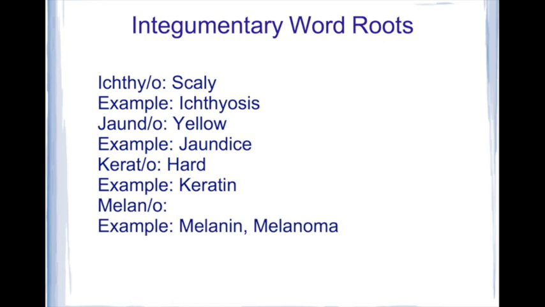Okay, melano, like melanin or melanoma. Melanin does what to the skin? Melanoma: oma means tumor. What color is the tumor in somebody that has melanoma? Melanoma is a black tumor.